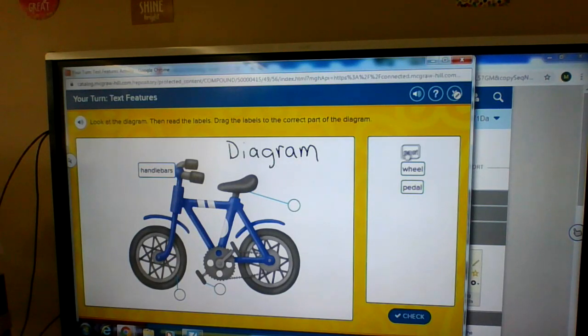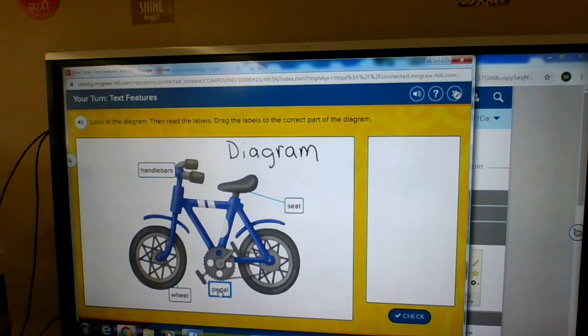Seat. This is a label that tells you what this picture is. Wheel. This is a label that tells you what this part of the picture is. And pedal.